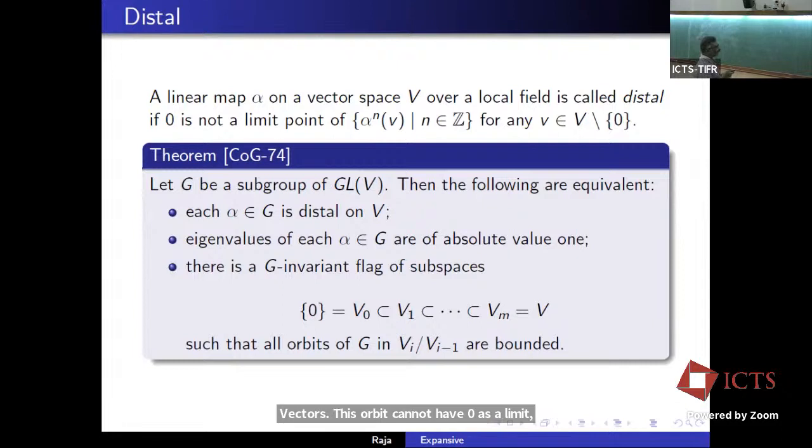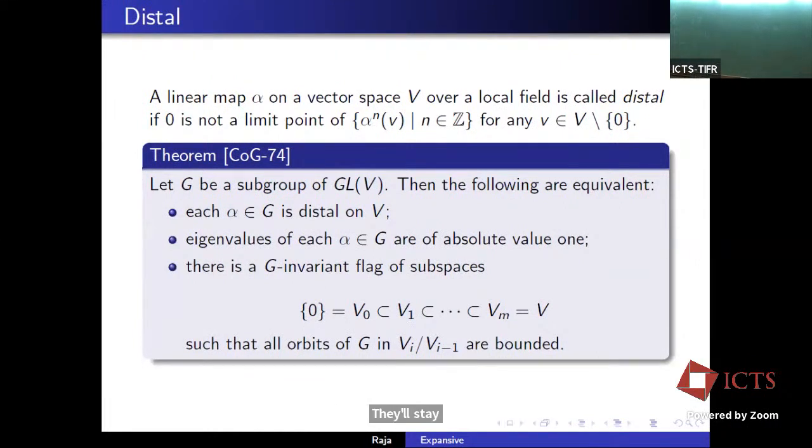If that is verified, then it is called distal. It is called distal because if you look at the orbits of two different vectors v not equal to w, then the distance will be positive for all n. They will stay away from 0. These distances will stay away from 0. That's the reason why it's called distal.